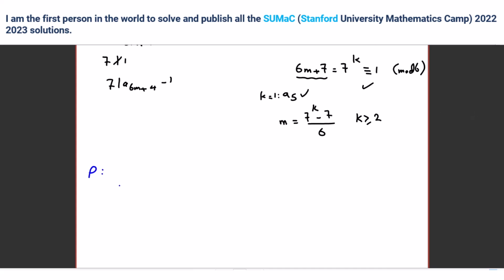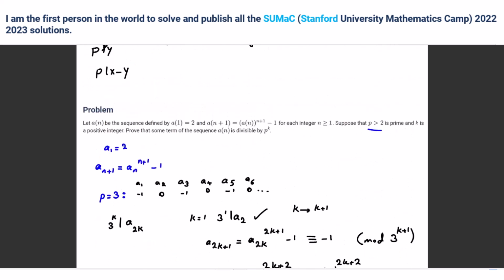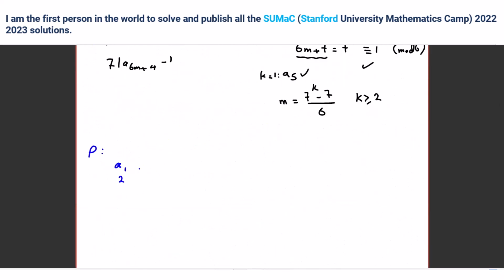Yes. So let's check. We know A1 is 2, right? Yeah. And A2 is always 3, right? Yeah. A of which numbers are easy to calculate?